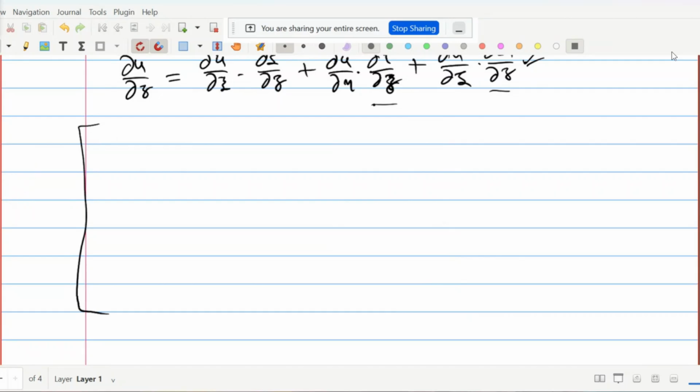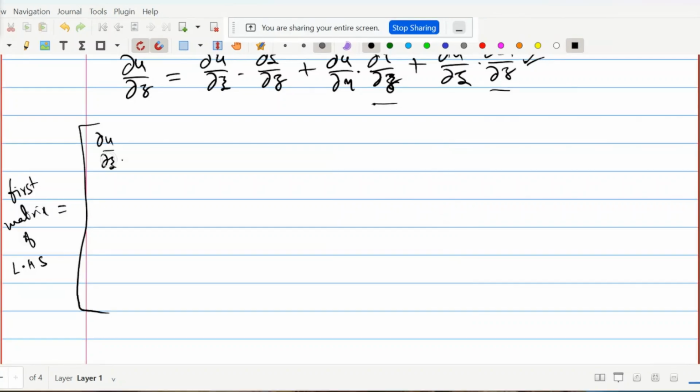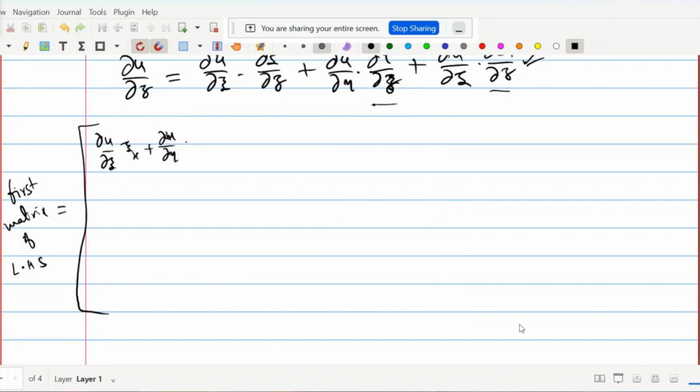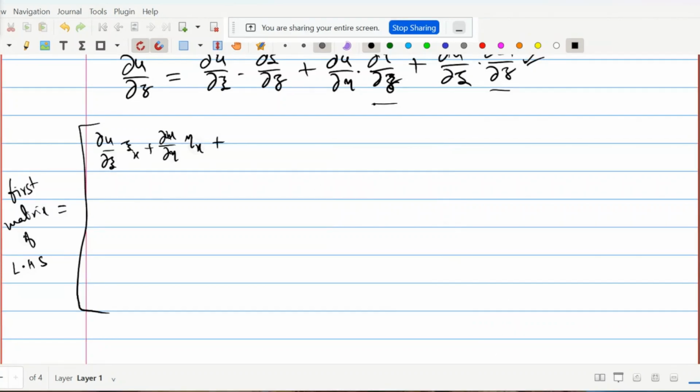Okay, this is your first matrix, equal to: the first element is ∂t of ζx, that is ∂x of u, but ∂x of ∂u/∂x is nothing but that full expression: ∂u/∂ξ into ξx plus ∂u/∂η into ηx plus ∂u/∂ζ into ζx.